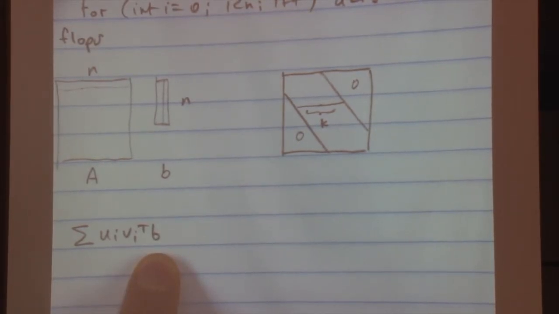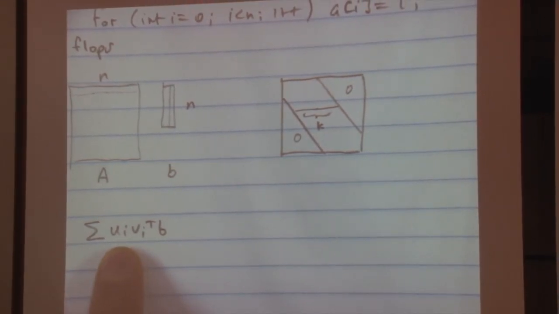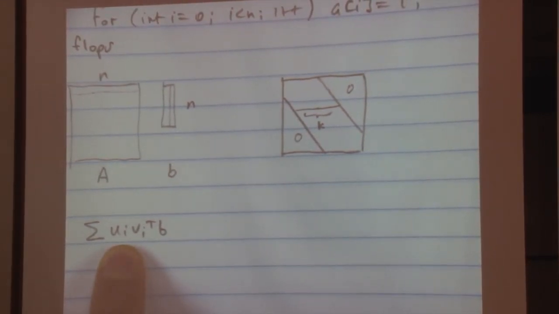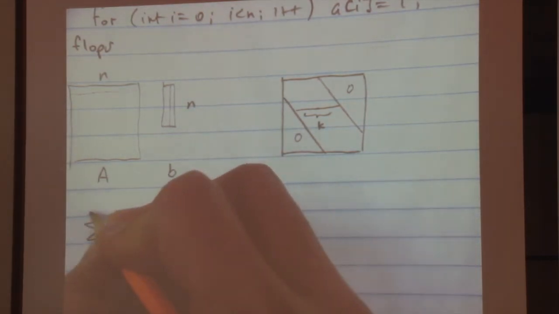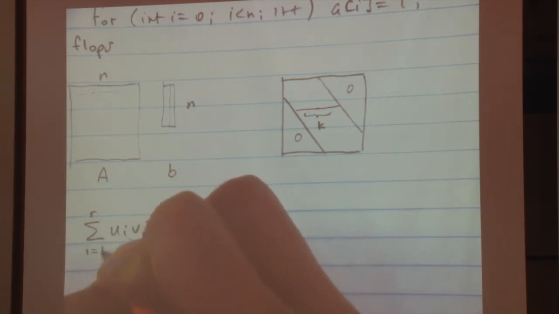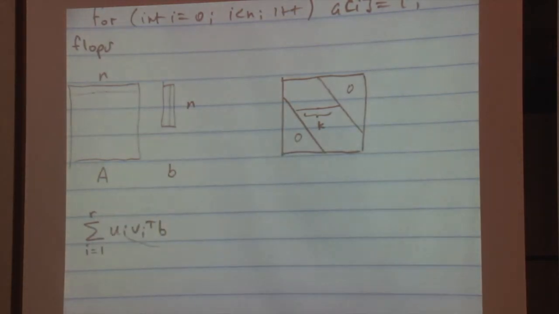It's 2n flops. How expensive is it to do the element-wise product of Ui times this scalar? That's just something like m flops, because this is length m. And we have to do r of these, so it ends up being a total of 2r times m plus n flops. So if A is rank r, then matrix multiplication is a lot cheaper if r is small.